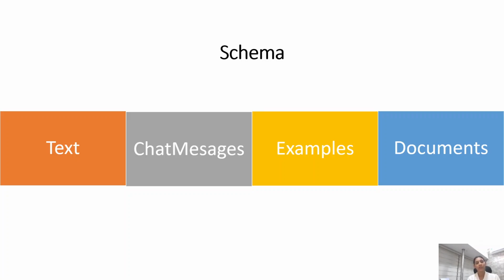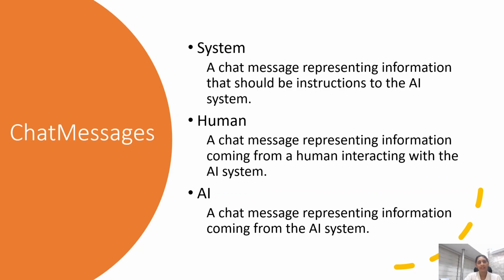Now moving on to chat messages. The next important types under chat messages are system chat messages, human chat messages, and AI chat messages. Now, what does a chat message mean? When we want to interact with the AI system, we use these chat messages. A system chat message represents the information that should be given as instructions to the AI system. Let's take an example to understand this.